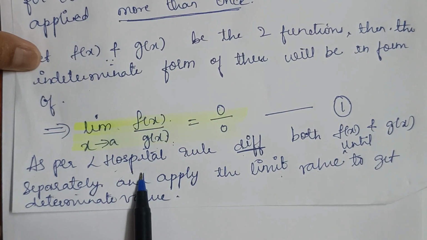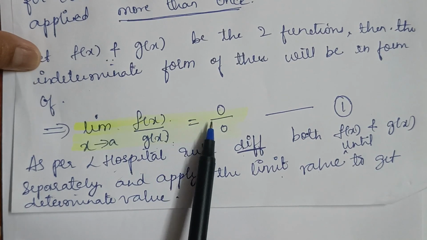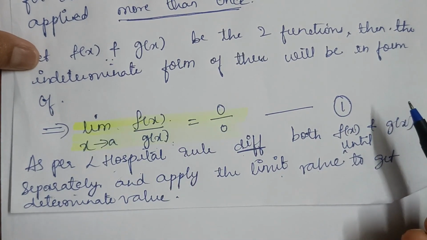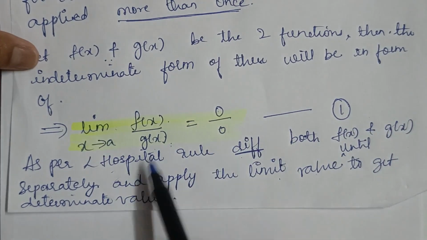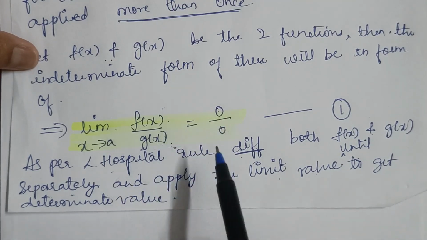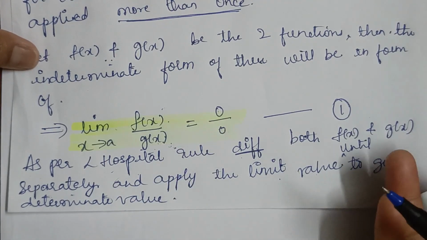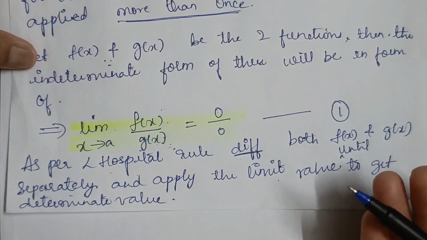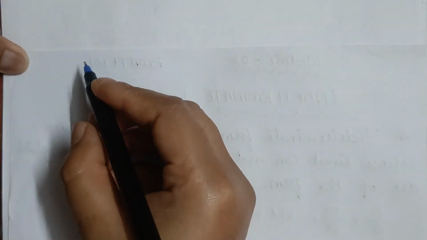You differentiate again and you get again some indeterminate value. You will keep on differentiating these two functions again and again until you get some determinate value, okay? I'll show you what that exactly means.